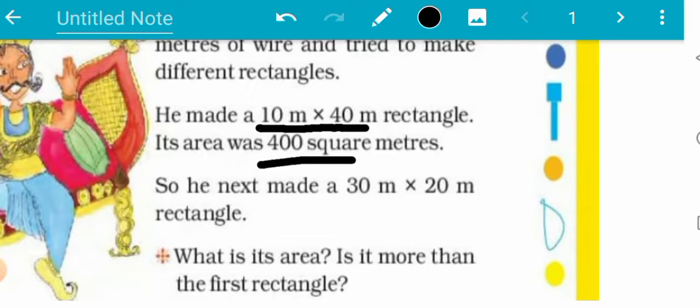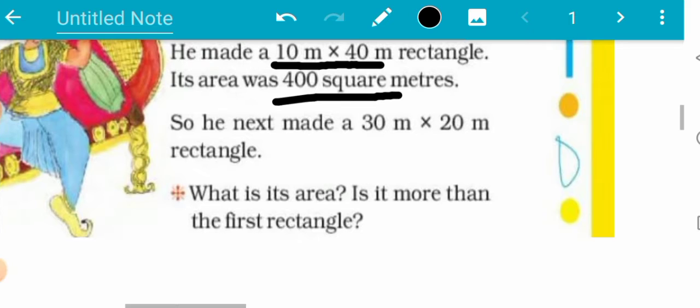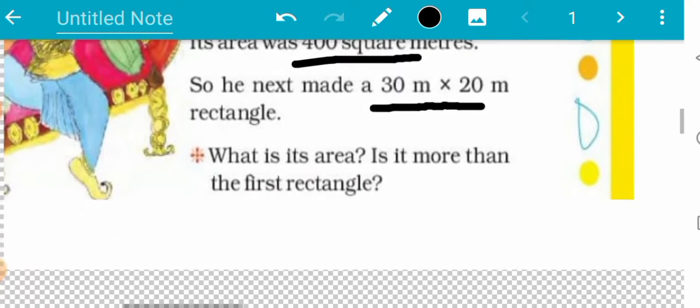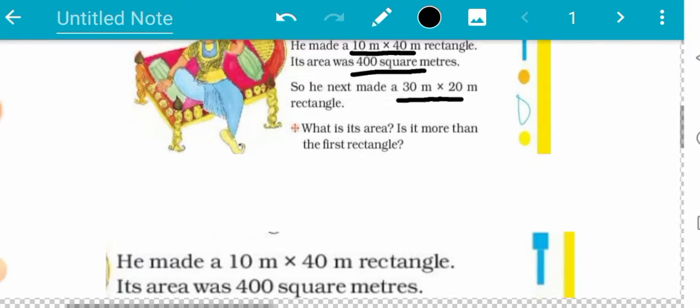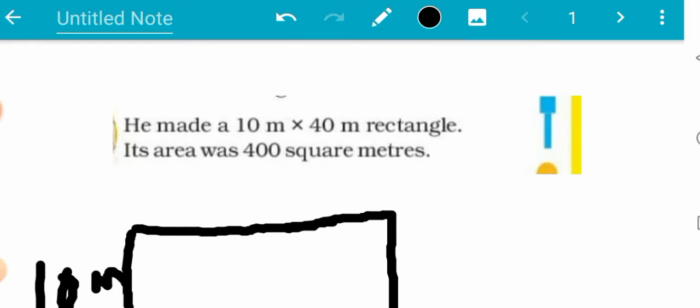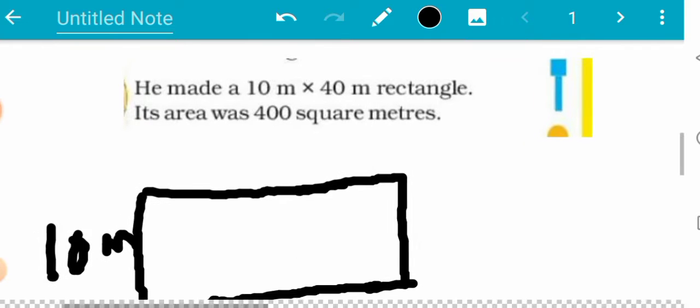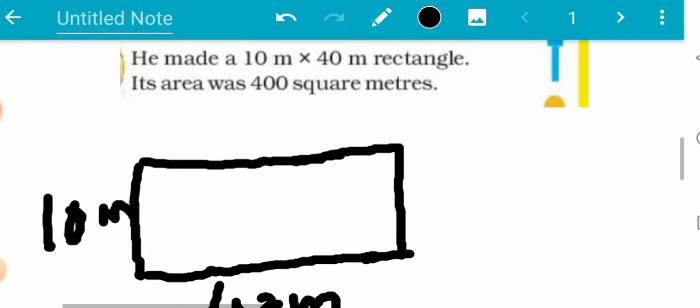The area was 400 square meters. And next he made a 30 meter into 20 meter rectangle. What was the area? Is it more than the first rectangle? Let us try to understand that. The first rectangle was 10 meter into 40 meter.